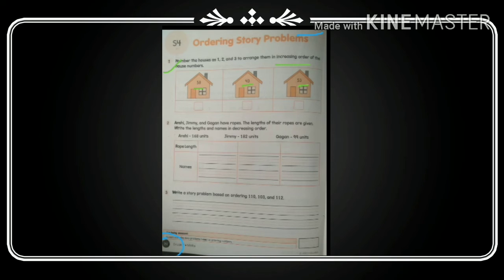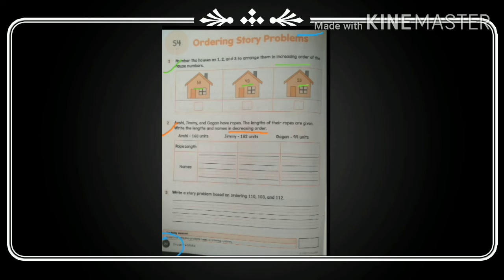Okay. Now come to the second question. Anshi, Jimmy and Gagan have ropes. The lengths of their ropes are given. Write the lengths and names in decreasing order. This question is about decreasing order. Decreasing means big to small.